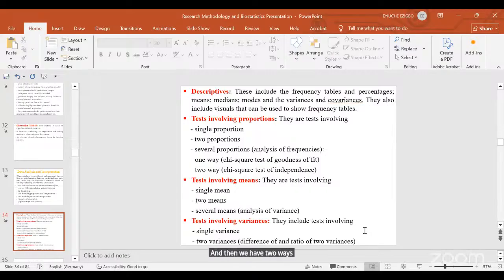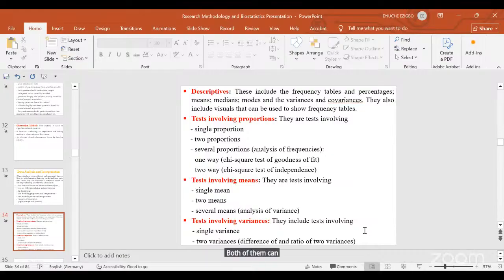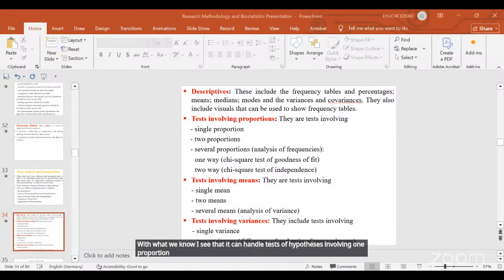When we have tests involving proportions, whether it is a single test of proportions or a test for difference of two proportions, both of them can be handled with what we know as t-test. With the t-test, we can handle tests of hypothesis involving one proportion or difference of two proportions.